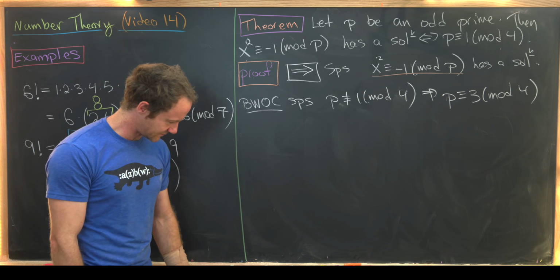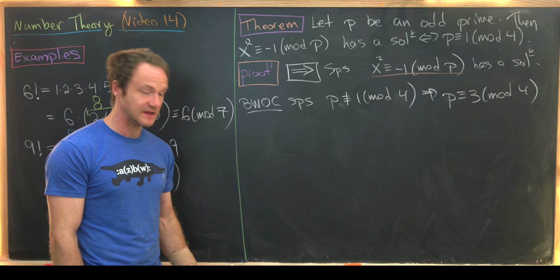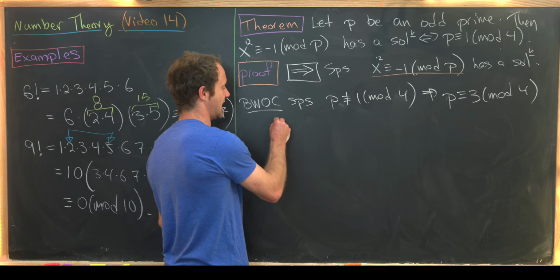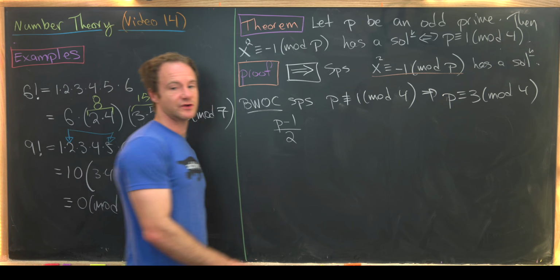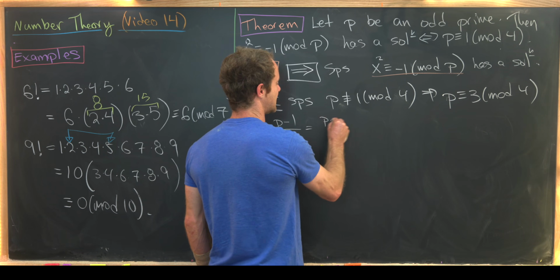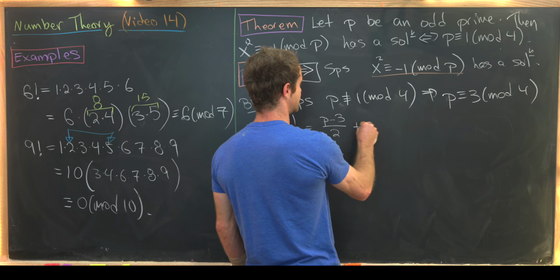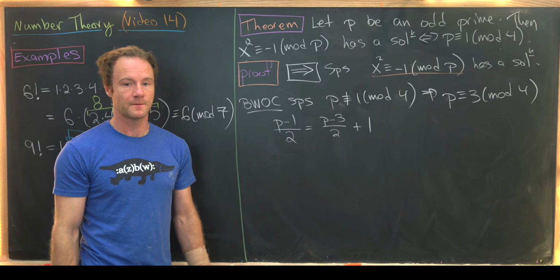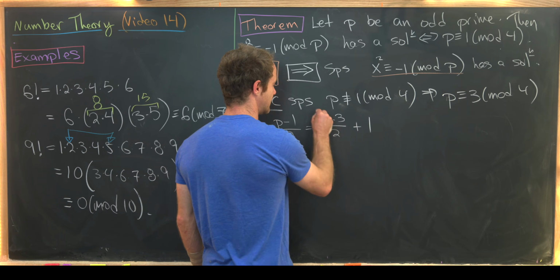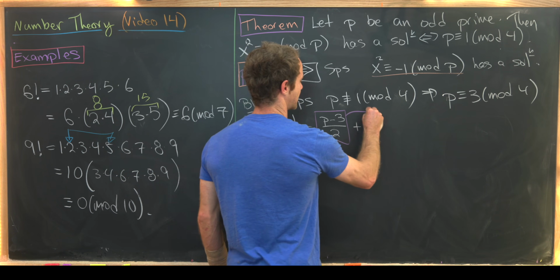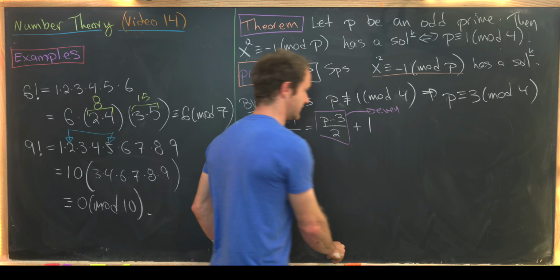But now we can look at a similar object to what we did in the other direction of the proof, and that is (p minus 1)/2. Notice that that is going to be equal to (p minus 3)/2 plus 1. So notice (p minus 3)/2 is even.